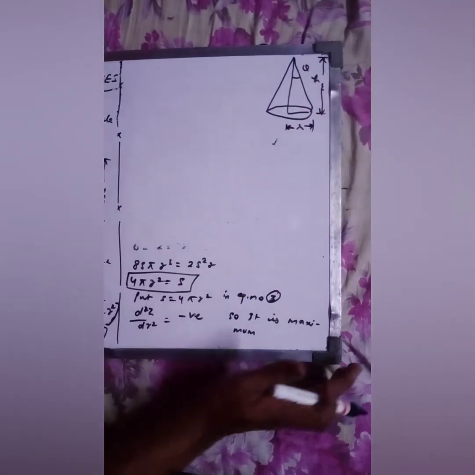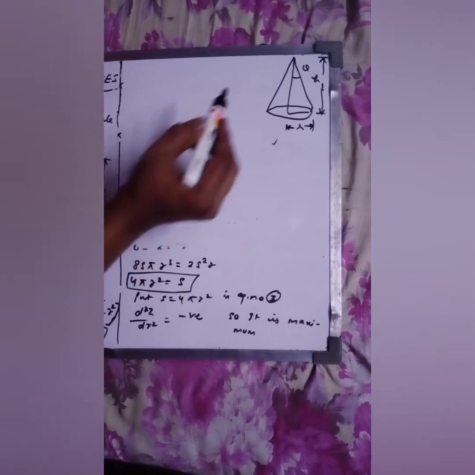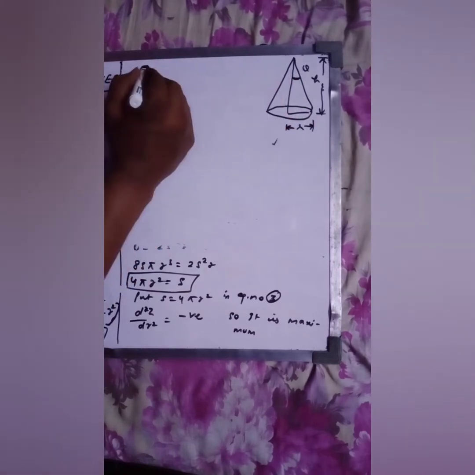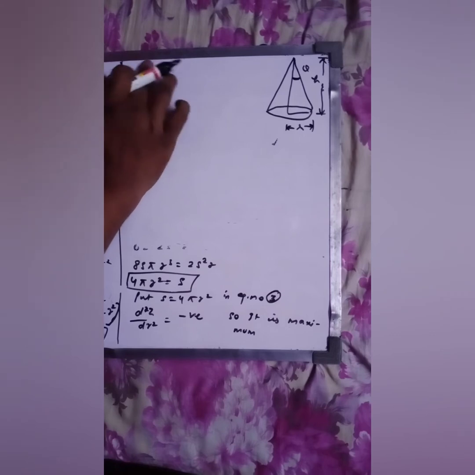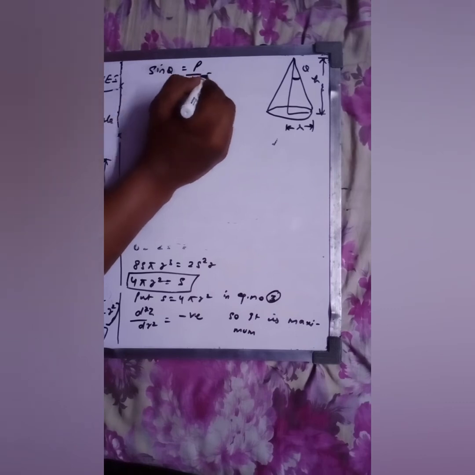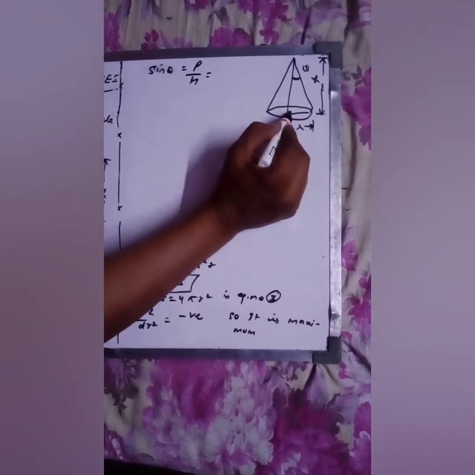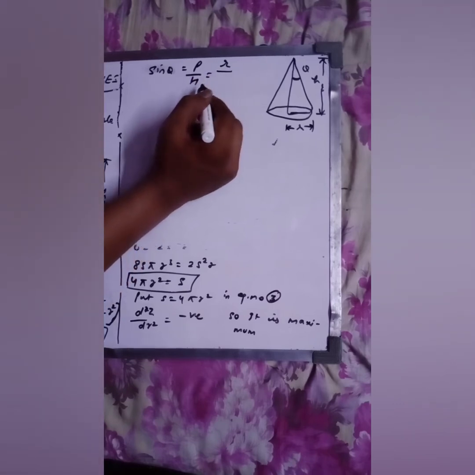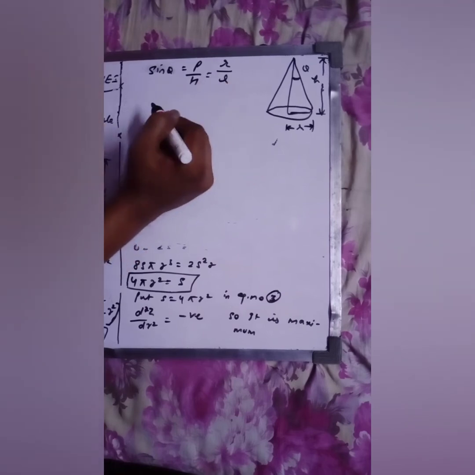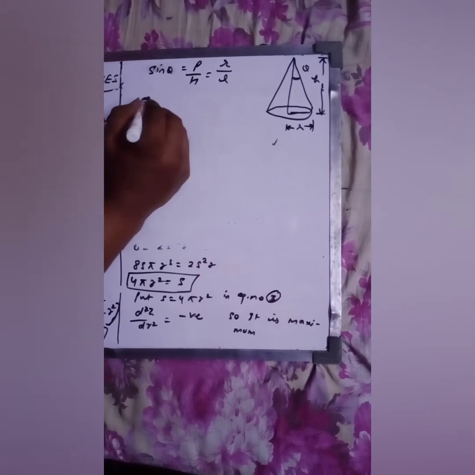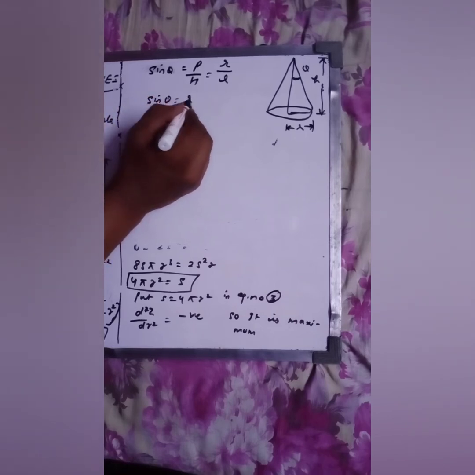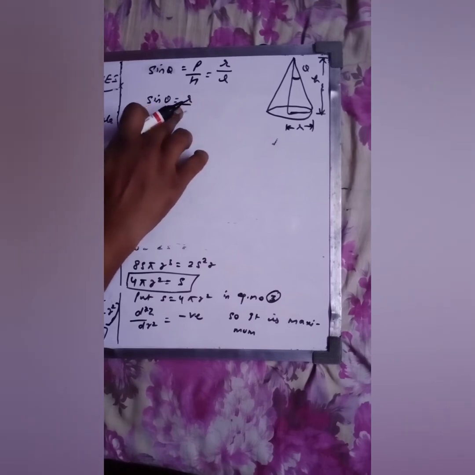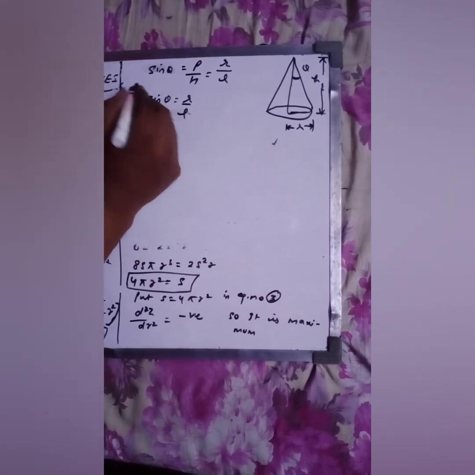Okay, fine. Now this is the semi-vertical angle. If you take this angle, I'm writing tan theta. Not, sorry, sine theta. Sine theta is perpendicular upon hypotenuse. So if you take theta as this, this would be the perpendicular, so it would be r over the hypotenuse, which will be L. Fine. So sine theta is equal to r by L.